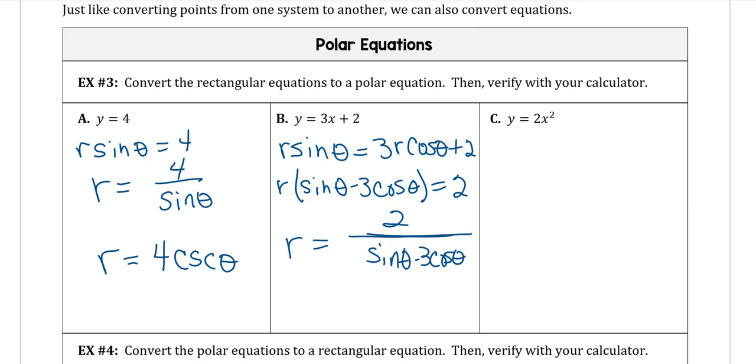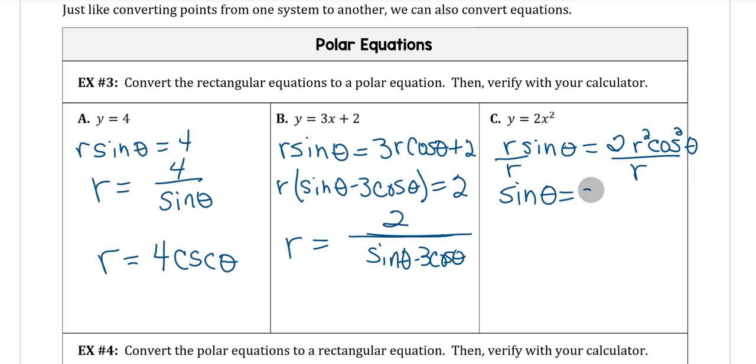Okay? And then finally, what does a parabola look like in polar coordinates? So in this case, we're going to start again by changing y and x into r and theta. And then what I'm going to do is divide both sides by r because I don't want r squared. So I have sine theta equals 2r cosine squared theta.